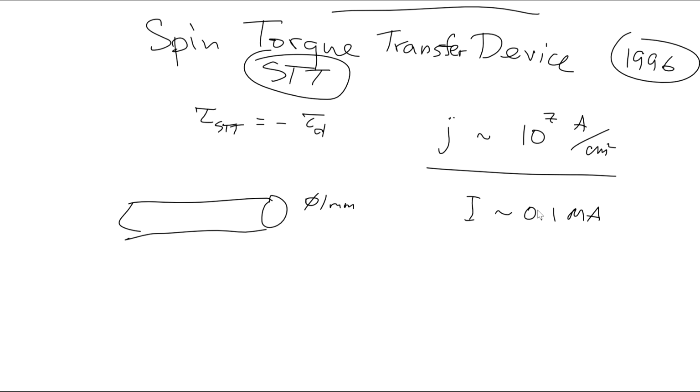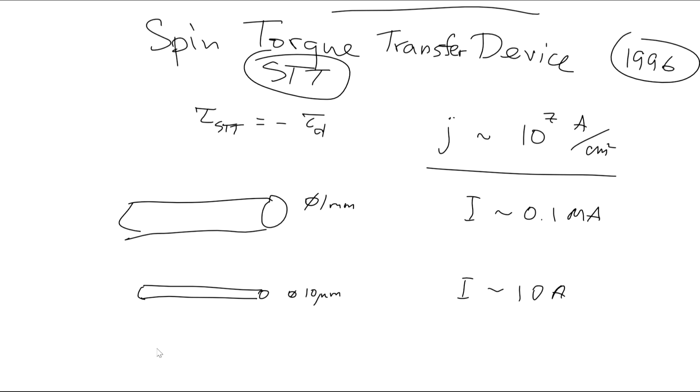This is huge. At these current densities, this will melt and evaporate. Now, if you take a human hair, as you remember, human hair sizes are 50 microns, 10 microns. If you take a diameter of 10 microns, then the current to achieve this current density would be approximately 10 amps.